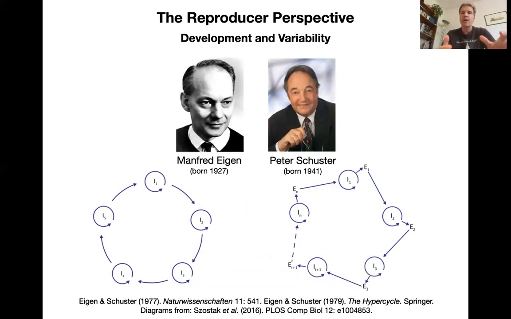It's basically just a chain of enzymes, indicated by I1, I2, and so forth in this cycle, where each enzyme not only catalyzes the production of the next enzyme in the chain, but also catalyzes its own production.